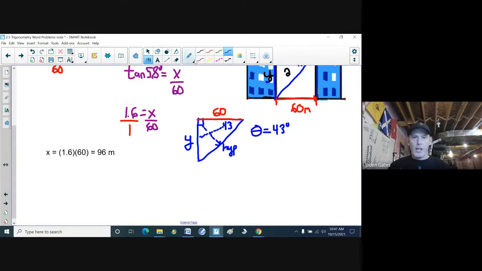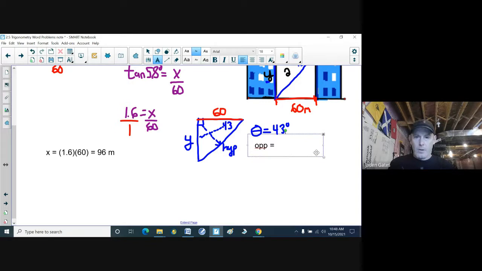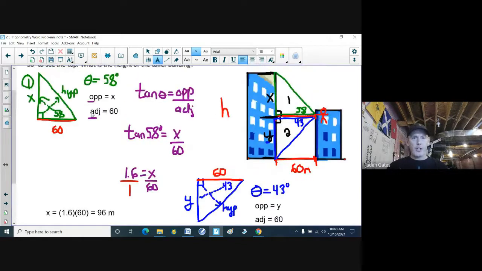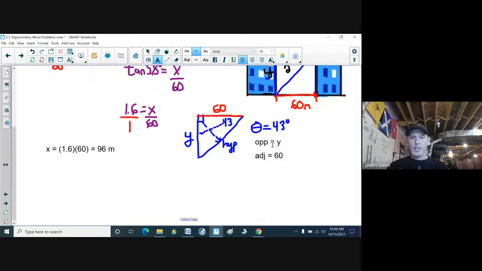That's my Y, so that is my opposite because it's across from the angle. And then my side 60, just like before, is my adjacent because it's beside the angle. This is the same as before. We had the opposite and the adjacent, so we can use the tan ratio again.